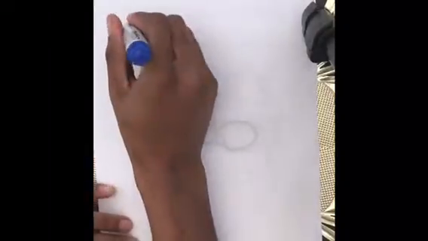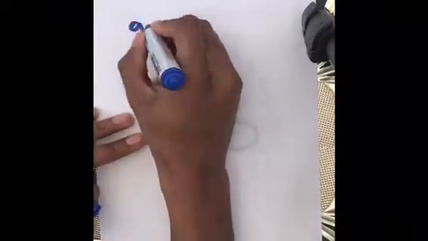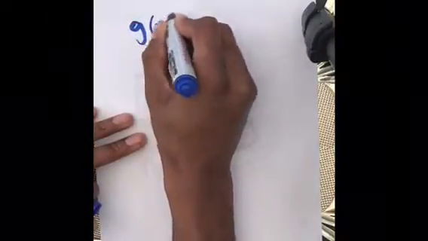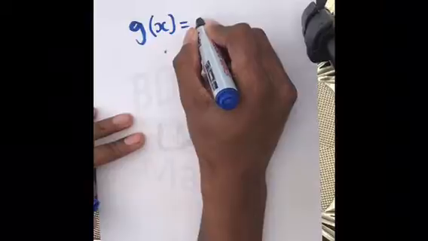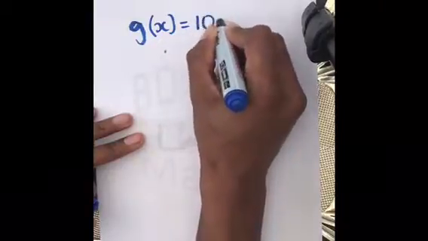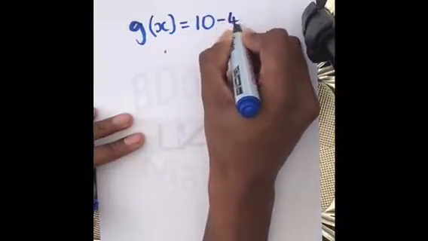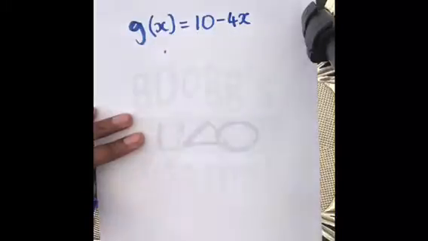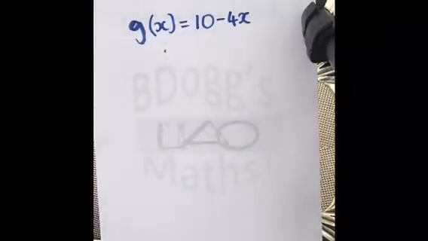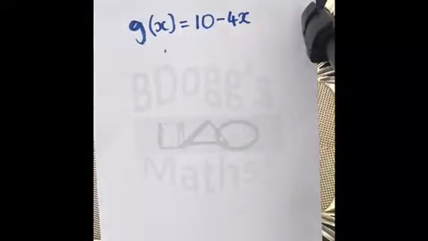Alright, and finally, let's say we choose a different function machine. Let's use the function machine g this time. And let's say that g of x equals 10 take away 4x. So I made it a little bit more difficult to read, a bit more difficult to look at, because it doesn't really matter.